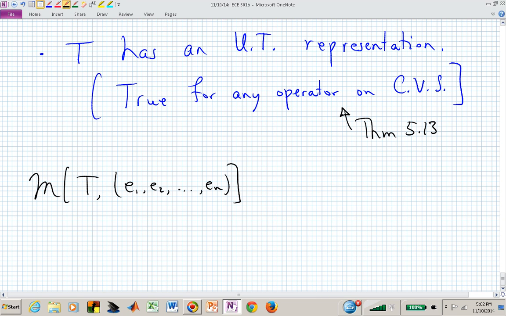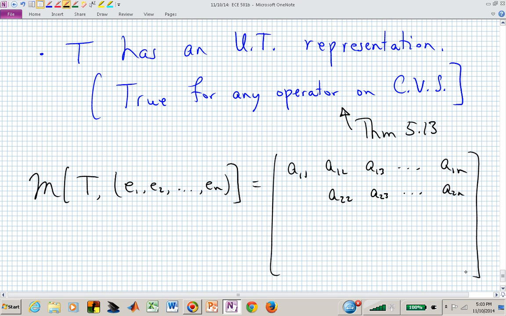We now have these vectors, E1 through En, that can actually be orthonormal basis vectors, such that we have an upper triangular matrix representation for T. We now have an A11, an A12, an A13, all the way down to A1n, A22, A23, A2n.